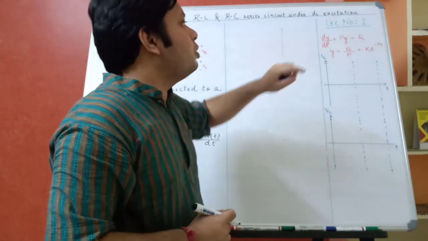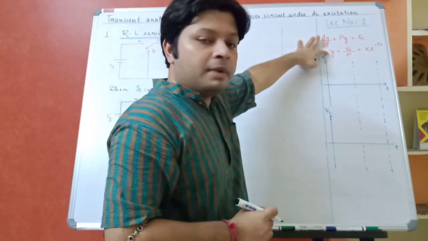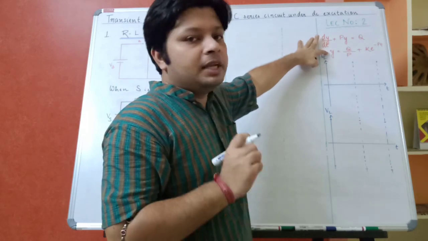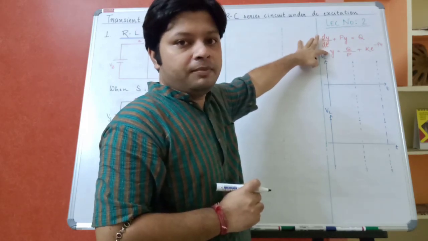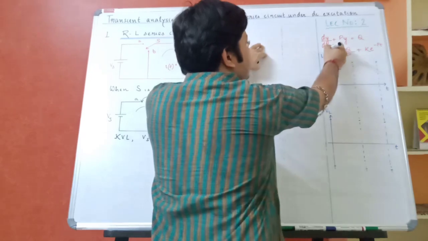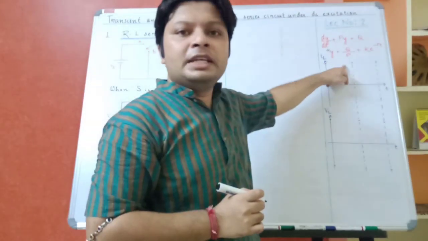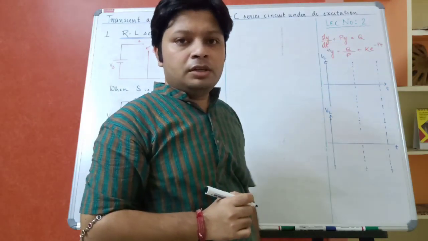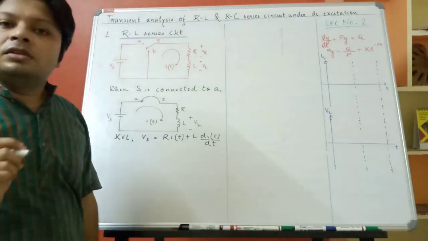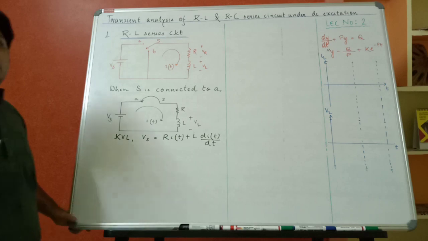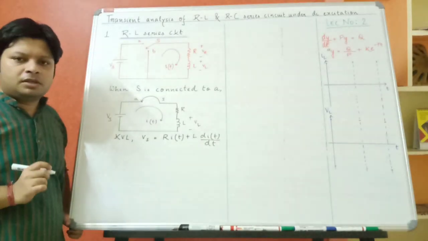And you know a first order differential equation solution is given by y is equal to q by p plus k e to the power minus pt. This is very important. You should remember this. You can solve many equations that come in GATE through this solution. So first order differential equation solution is very important in electrical engineering for any subject.